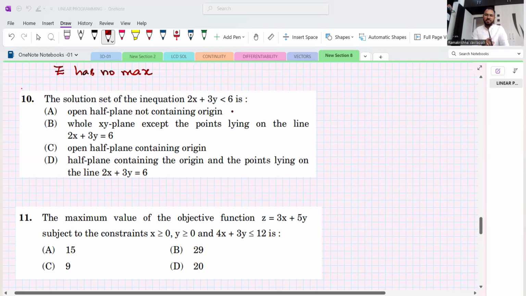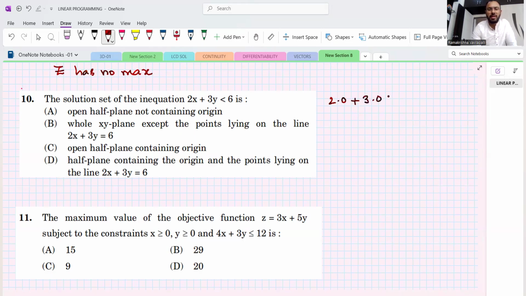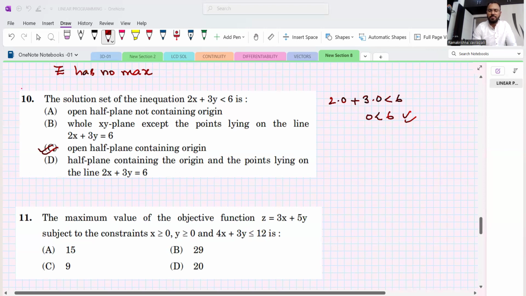If it doesn't satisfy, then not containing origin, right? So substitute origin. 2 into 0 plus 3 into 0 less than 6. 0 less than 6. So it is satisfied. So the half region is containing the origin, right? So open half plane containing origin.